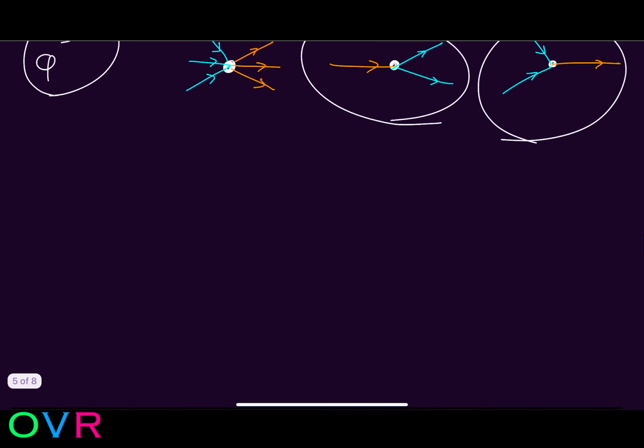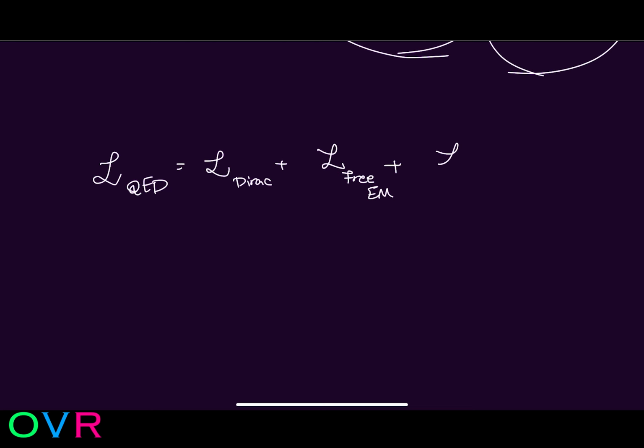Another example for the interaction is QED. So the Lagrangian of QED is equal to the Lagrangian of the free Dirac field plus the Lagrangian of the free electromagnetic field, or the vector potential, and then the Lagrangian for the interaction. The first term, we know what it is.